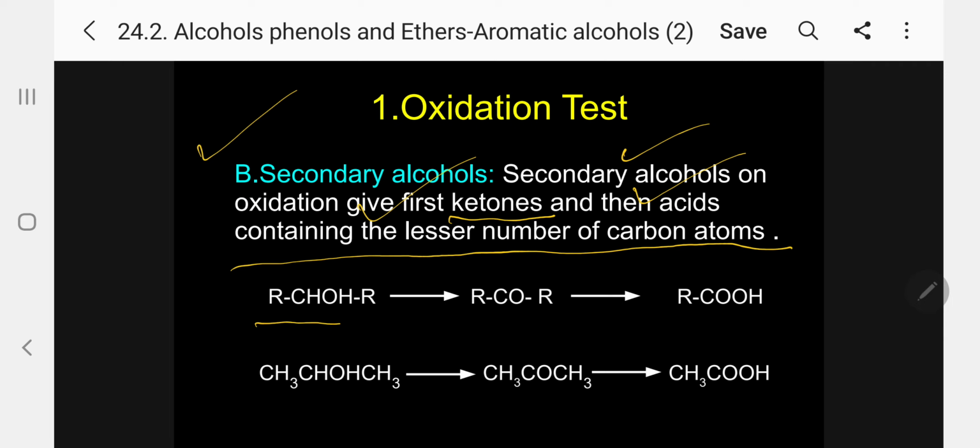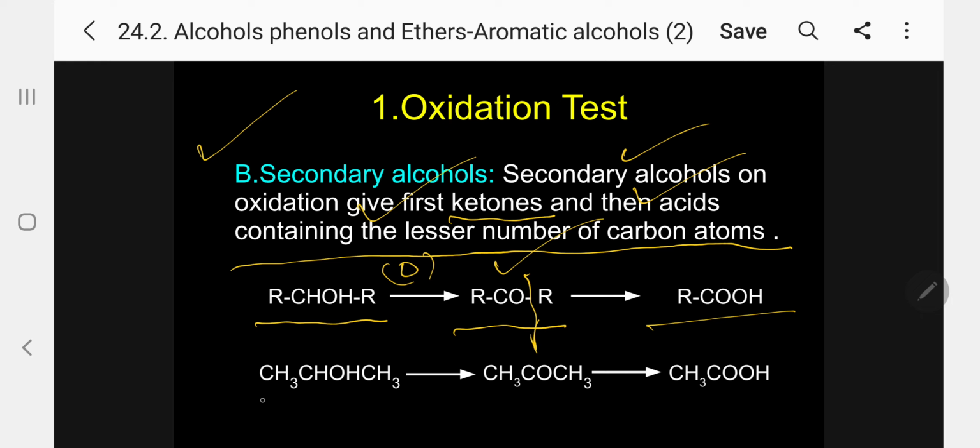General formula RCHOHR, on oxidation gives RCOR, a ketone intermediate, which undergoes further oxidation. So we get the corresponding lower acid, or carbon dioxide and water.